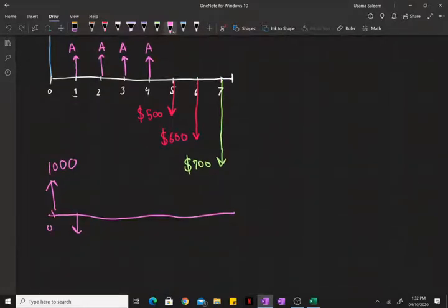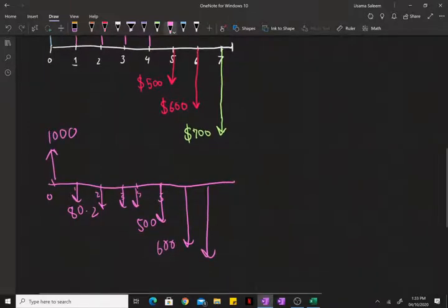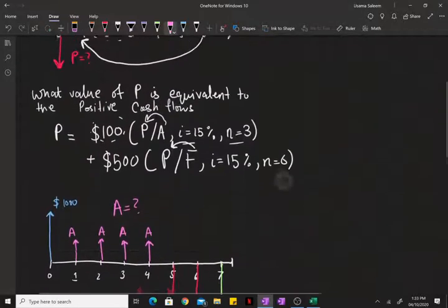So at year zero, you have the 1000 payment, and 80.2 from year one, year two, year three, year four. So you'll have 80.2 as a negative payment, and at year five, you'll have 500, 600, and 700. And that's how this particular cash flow problem is balanced out.